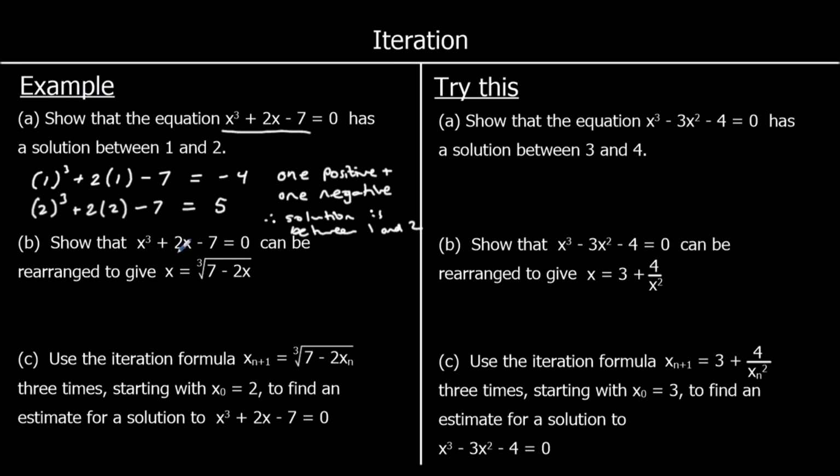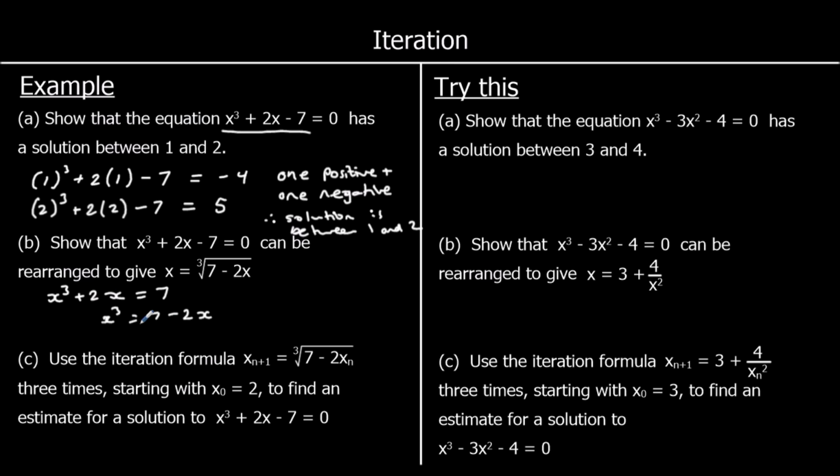Show that x cubed plus 2x minus 7 equals 0 can be rearranged to give x equals the cube root of 7 minus 2x. So how can we rearrange this into this? If we add 7 to both sides, we'll get x cubed plus 2x equals 7, and then take 2x away from both sides.